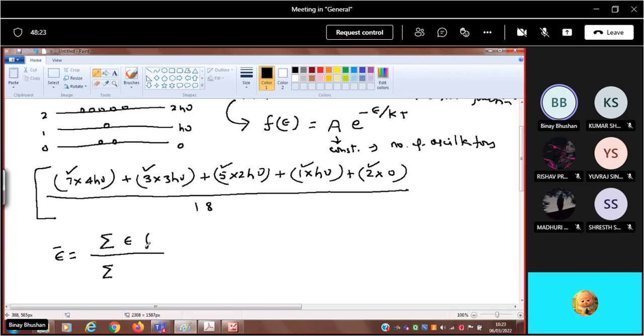So number of oscillators for a particular energy epsilon is this, and total oscillators will be this. I have just written this above expression in the form of notation.